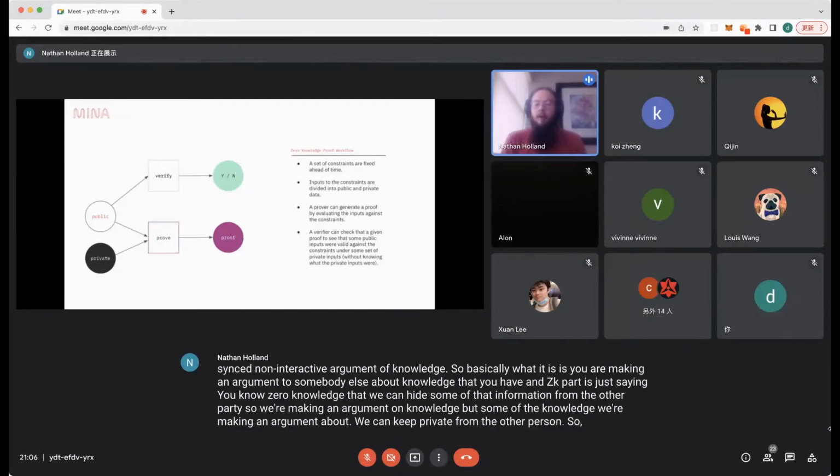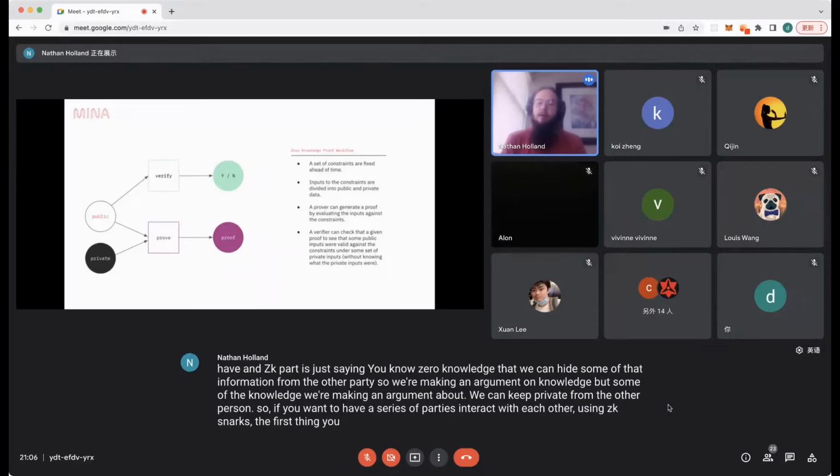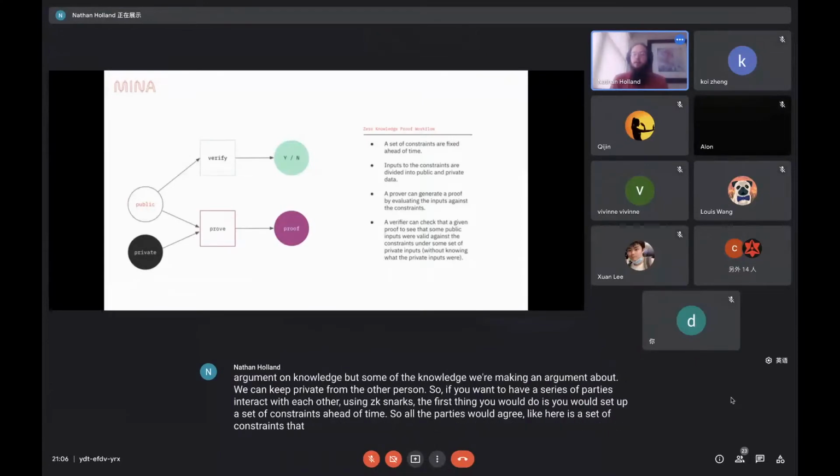So if you want to have a series of parties interact with each other using ZK Snarks, the first thing you would do is you would set up a set of constraints ahead of time. So all the parties would agree, like, here is a set of constraints that, if they're all satisfied, would prove something to us.